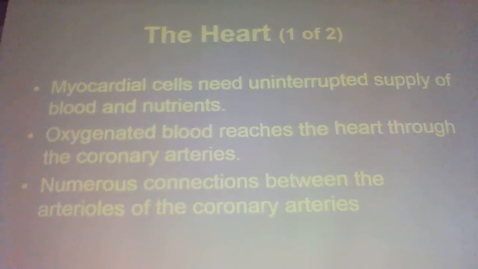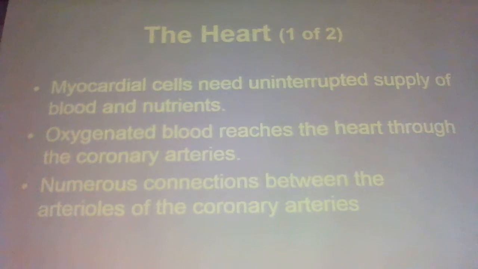And how does our heart get its blood? How does the heart muscle itself get its blood? What perfuses the heart muscle? Coronary arteries, right? And what part of the cardiac cycle is the heart muscle perfused in? Systole or diastole? Diastole, exactly.